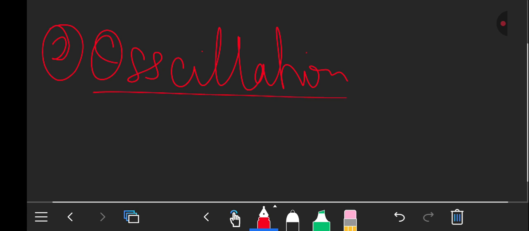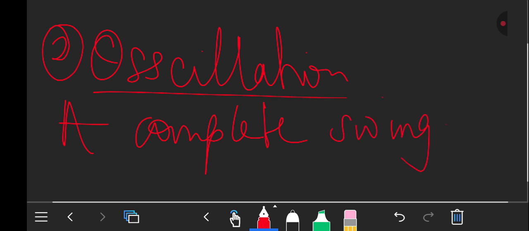What is an oscillation? An oscillation is just a complete swing. A complete what? Swing. How can you know that this is an oscillation?